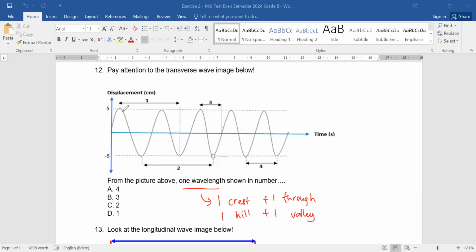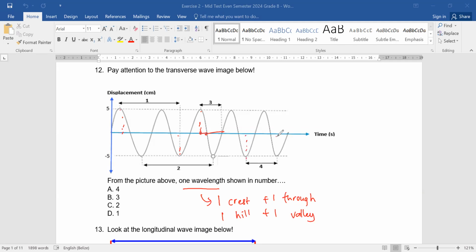So for number 1, it's from here to here, so it's more than one crest and one trough, right? Number 2 is more than that as well. Number 3 is just half of the crest and one trough, so it's not even one, right?